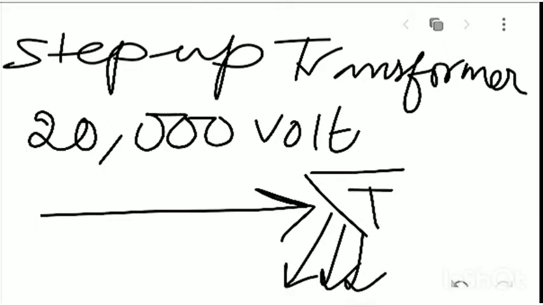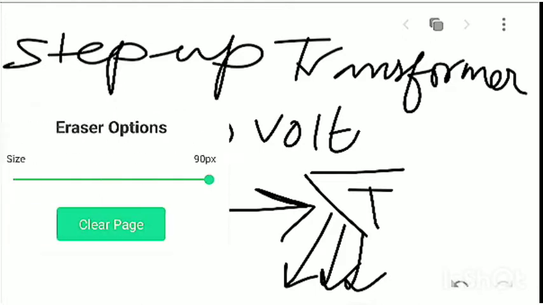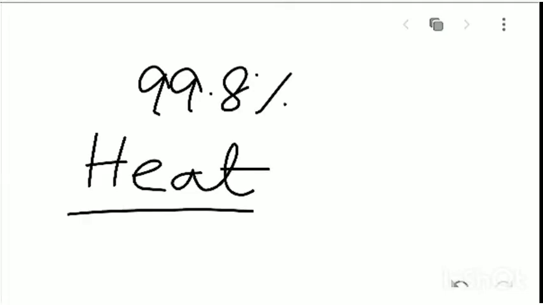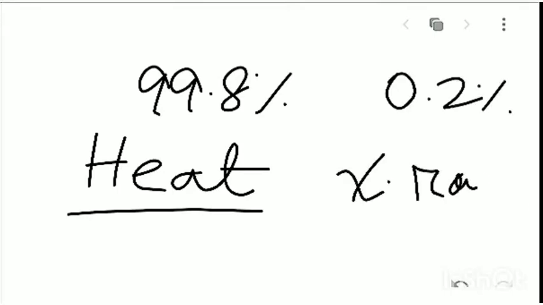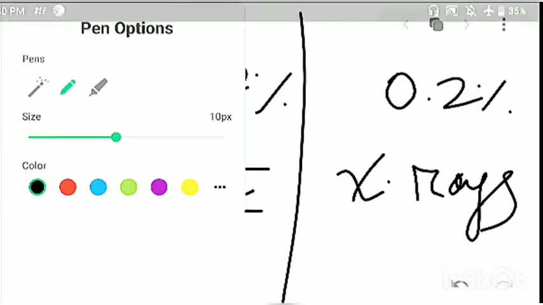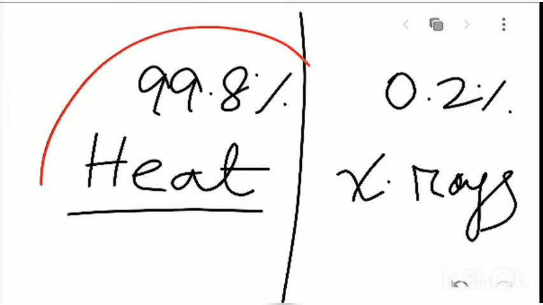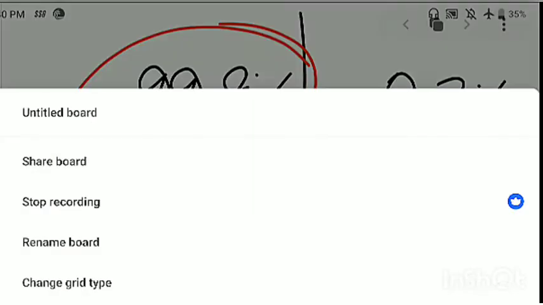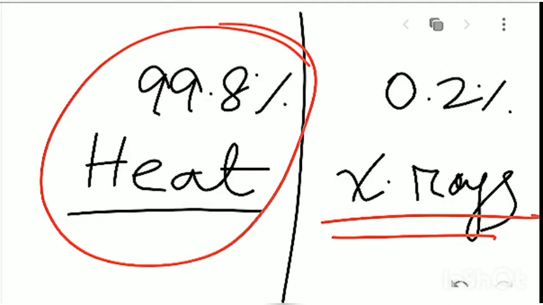But we have to be very much careful, because when these strong beams of electrons are hitting the target, 99.8% of the energy becomes heat, and only 0.2% of the energy becomes X-rays. So you can see here we are facing a lot of heat energy during the production of X-rays. So what we must do is keep the source cooled down. Else what will happen?